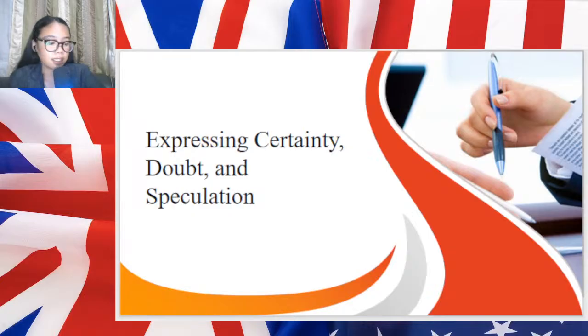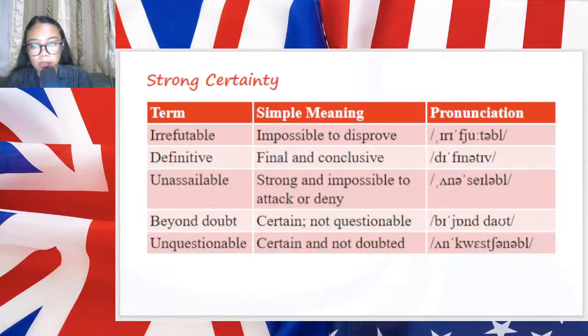All right, let's begin by sharpening the kind of academic vocabulary that can really boost your score and your confidence in IELTS and TOEFL exams. Let's start immediately with the first set of terms, which is under strong certainty. Now, what do we mean by strong certainty?